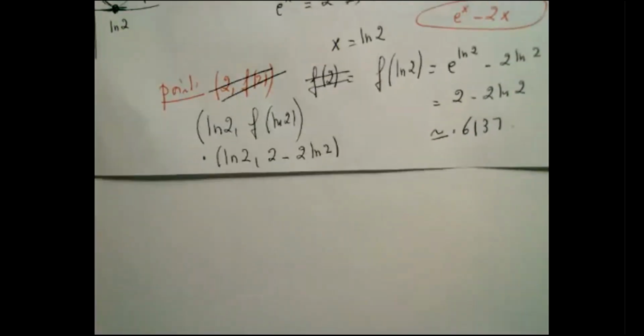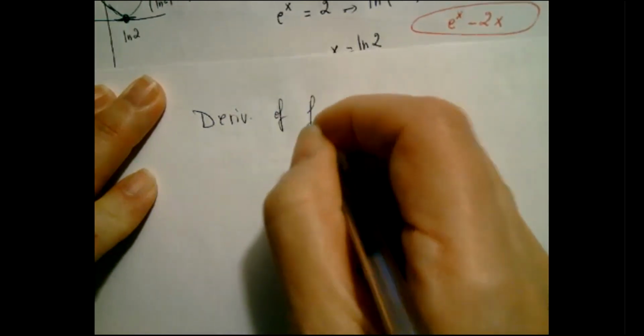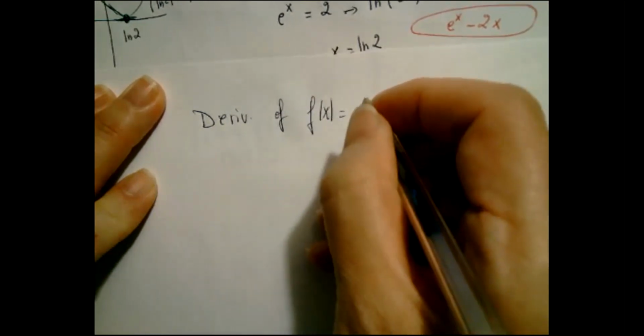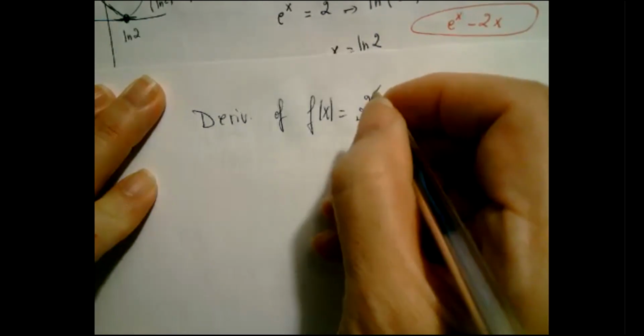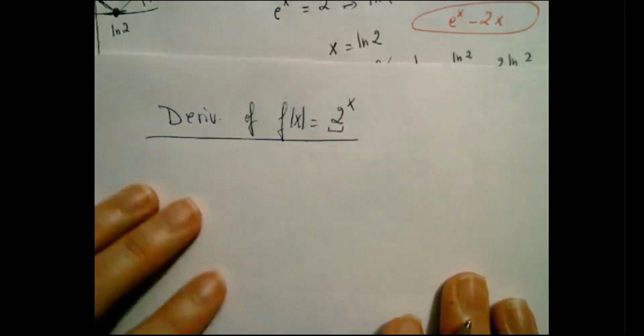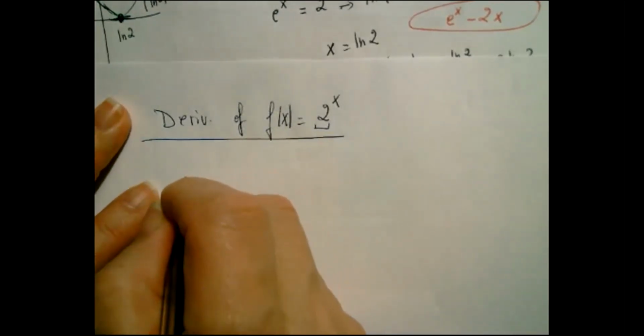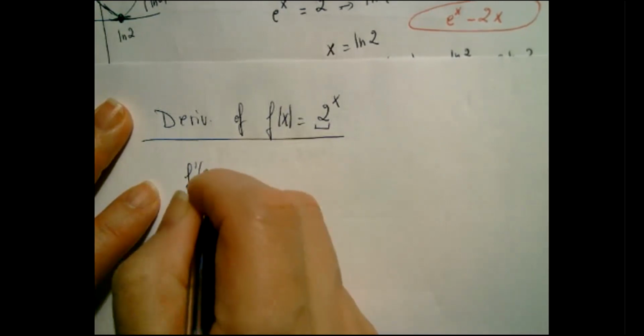Suppose I take the function f of x equal 2 to the x, and the question is, will the derivative be influenced by that? I'm going to do verbatim what I did before. So let us find the derivative of f of x equal 2 to the x. I'm changing the base. First I'm going to find f prime at 0.